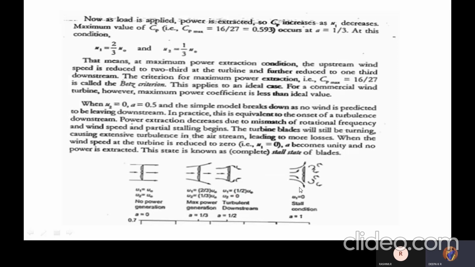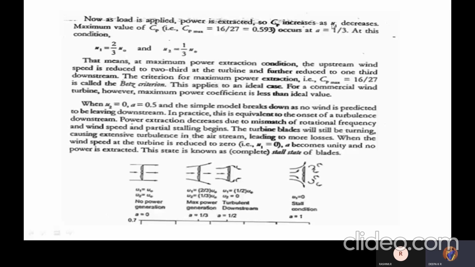So these are the different criteria affecting the wind speed, and you can see the equations here. U1 is equal to 2/3 of U naught, and U2 is equal to 1/3 of U naught. Try to remember the standard value of CP, because CP increases as U1 decreases.